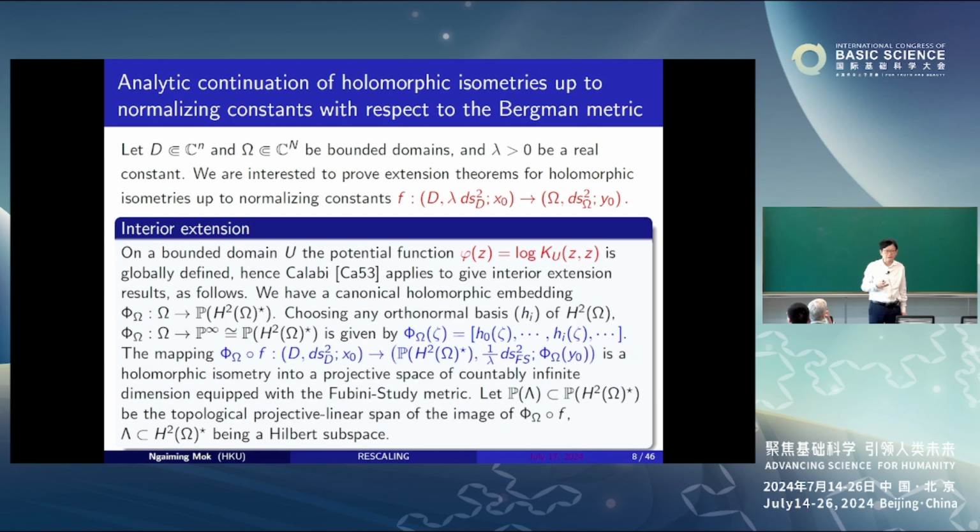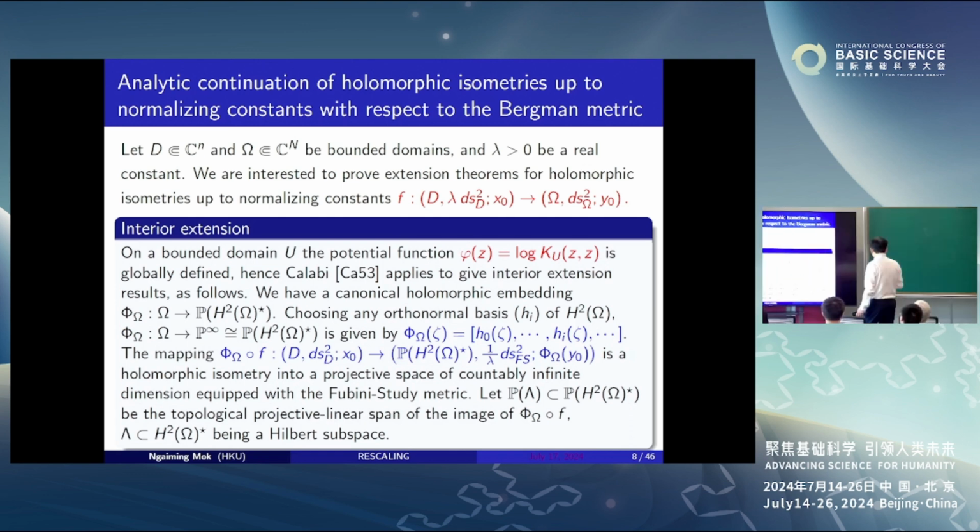So you take a bounded domain, you use an orthonormal basis, and you get it mapped into P infinity. You compose a map, and you extend it. That implies the extension of the original one. However, if you do this, then you get trouble when going to the boundary. Because in the embedding into P infinity, you completely lost sight of the boundary. The boundary is nowhere. Right? You take a ball and embed it into P infinity, you don't know where the boundary is.